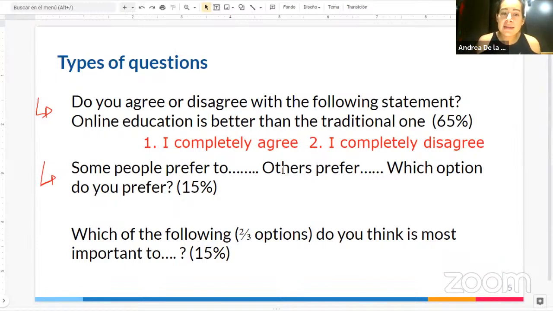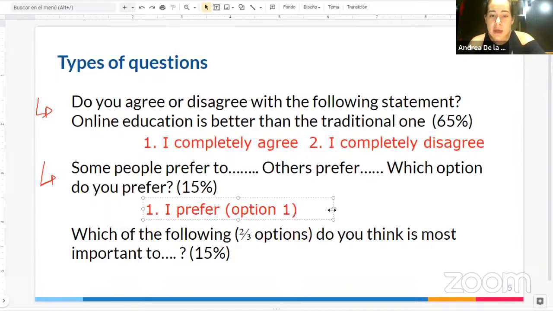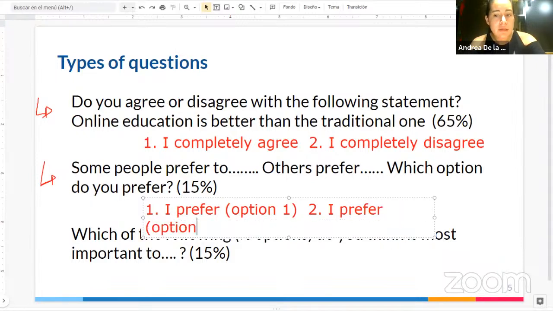So it's exactly the same question. You have to choose between online education and traditional education. So your answers would be one, I prefer option one, and number two, I prefer option two. There's no place in between.